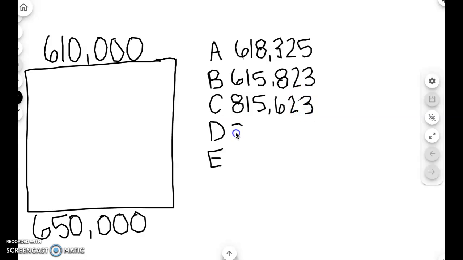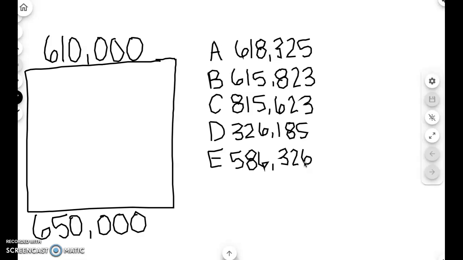D is 326,185. And last but not least, E is 586,000. Again, sorry, I'm doing this on the computer and it's not necessarily looking super great. So now I'm going to compare these 5 numbers and I'm trying to get it in the sweet spot box here.